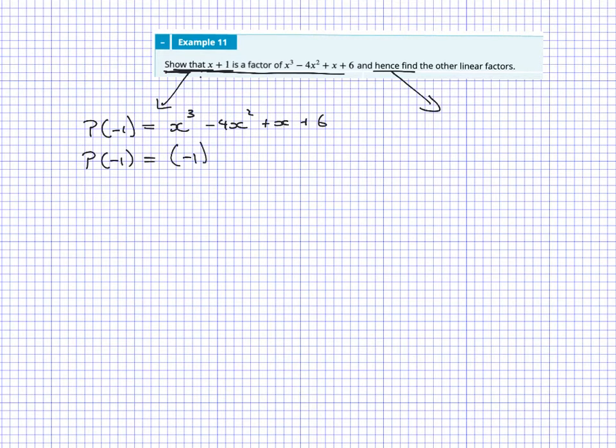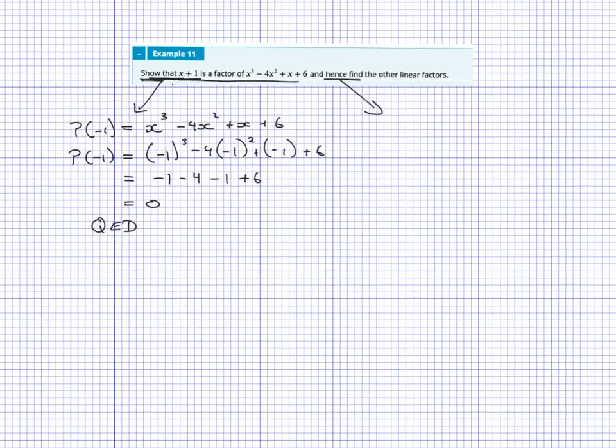So it's going to be minus 1 cubed minus 4 times minus 1 squared plus minus 1 plus 6, which equals minus 1 minus 4 minus 1 plus 6, which is 0. So QED means that I've proven what you wanted me to. All right, so that's the show that part done.